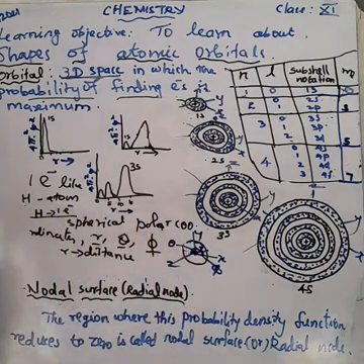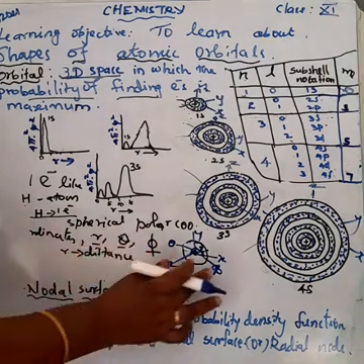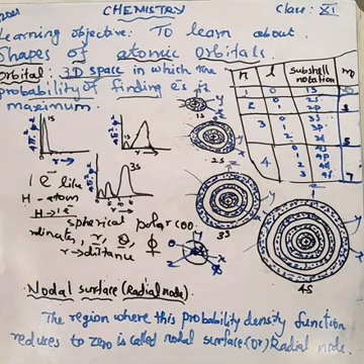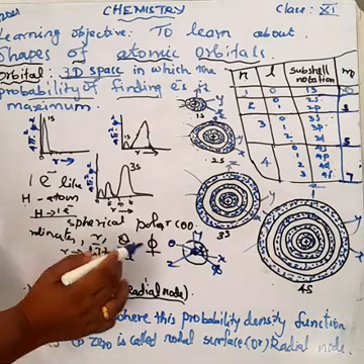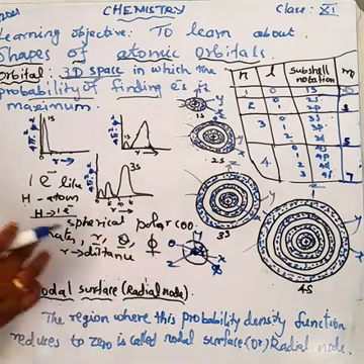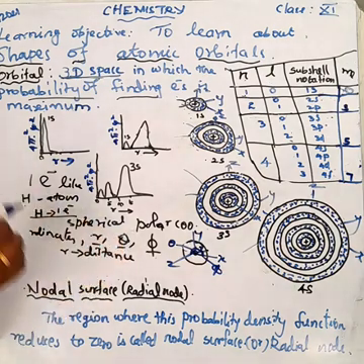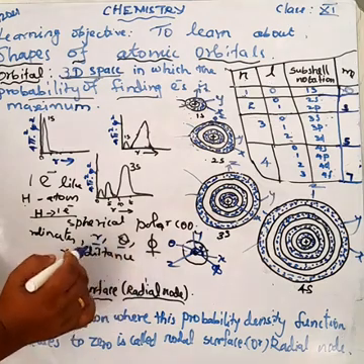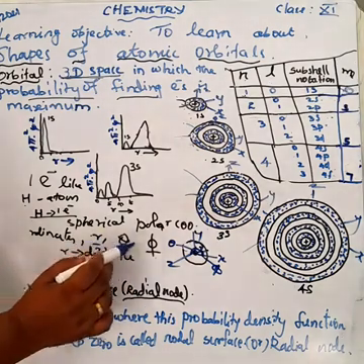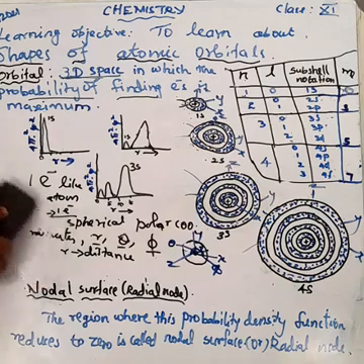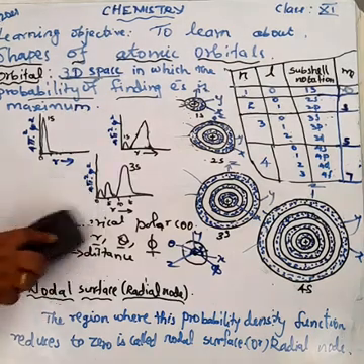So for a substance in the three-dimensional region, there are three polar coordinates: r, theta and phi. These we can find from the Schrodinger wave function.